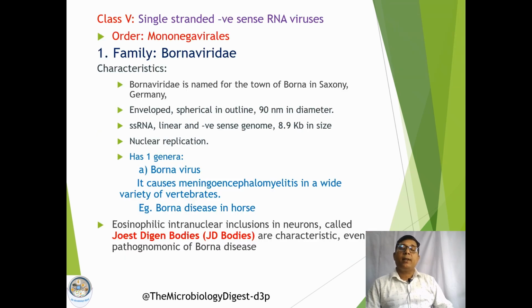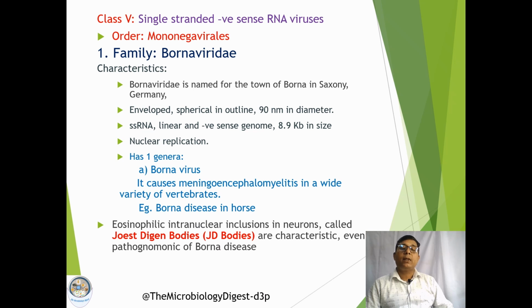Next, Baltimore class 5. It includes the single-stranded negative sense RNA viruses, and these viruses are included under the order Mononegavirales. The first family under this is Bornaviridae. Borna viruses are named for the town of Borna in Germany. Viruses are enveloped, spherical in outline. Genome is single-stranded, linear, negative sense RNA. It replicates in the nucleus, and it has only one genus, that is Bornavirus.